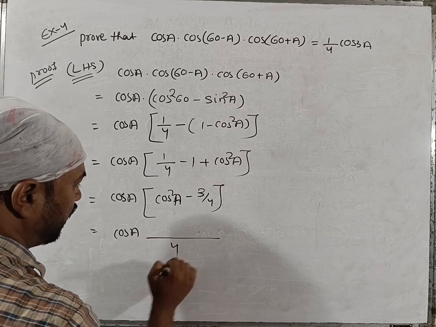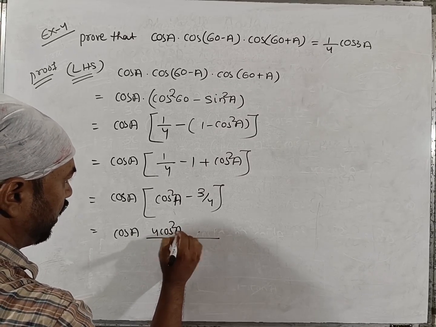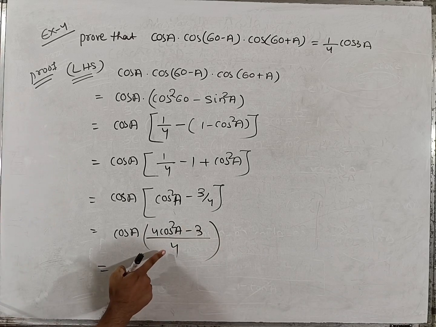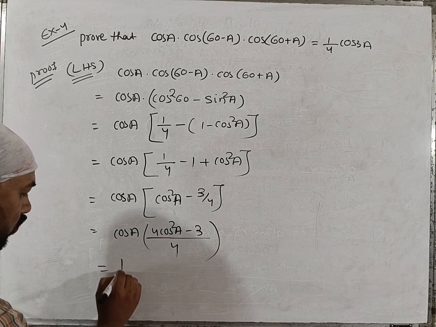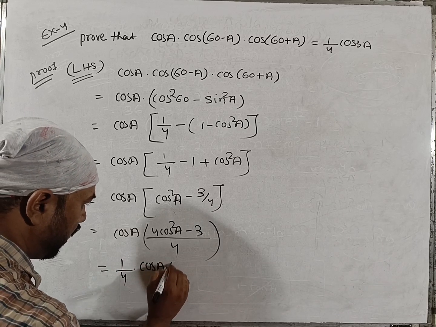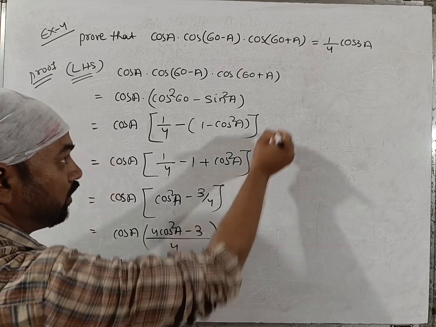Taking 4 as LCM, it is 4 cos square A minus 3. Then taking 1 by 4 as common here, we have 1 by 4 cos A multiplied with 4 cos square A minus 3.